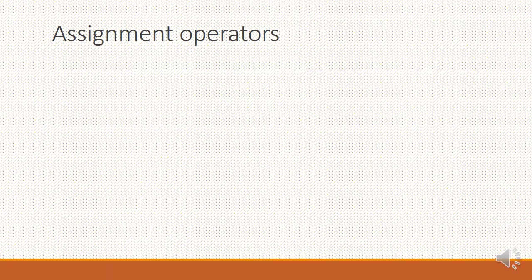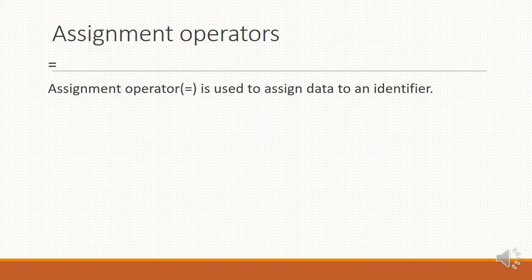Let us begin the class with the assignment operator. In the last class we studied the operator definition. Equal to is called the assignment operator. What is the work of this assignment operator in the C program?